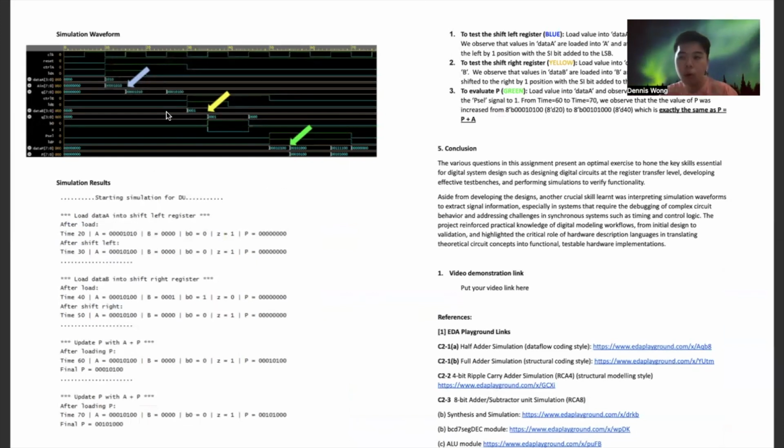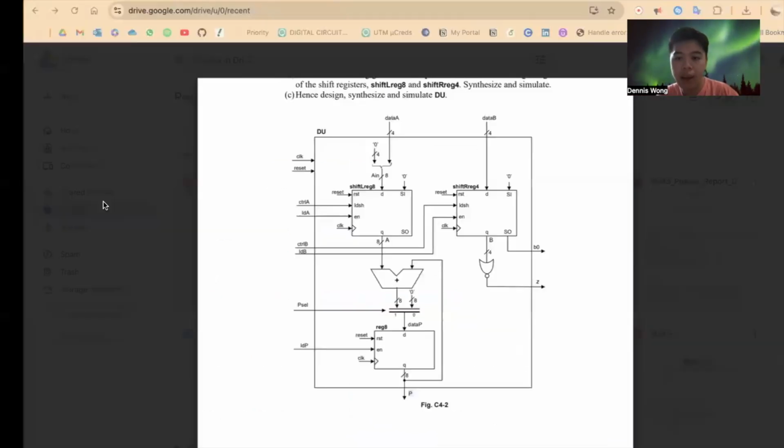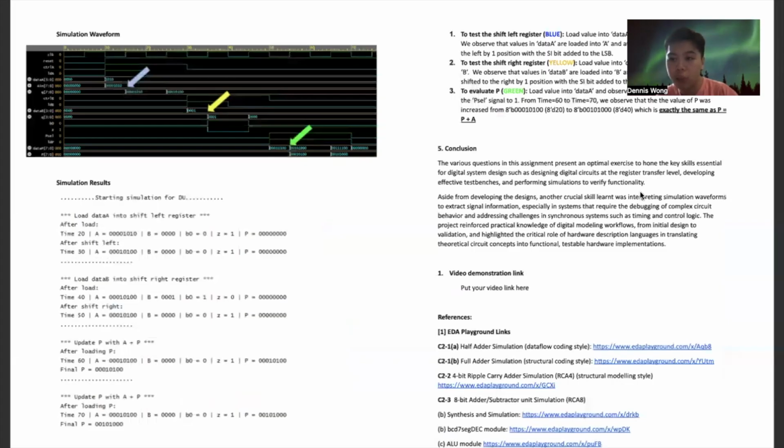But the point of all of this is to verify one relationship, which is P equals P plus A. We get all of the data up until this point in time, and we get the P of 20. So this is 20 in binary.